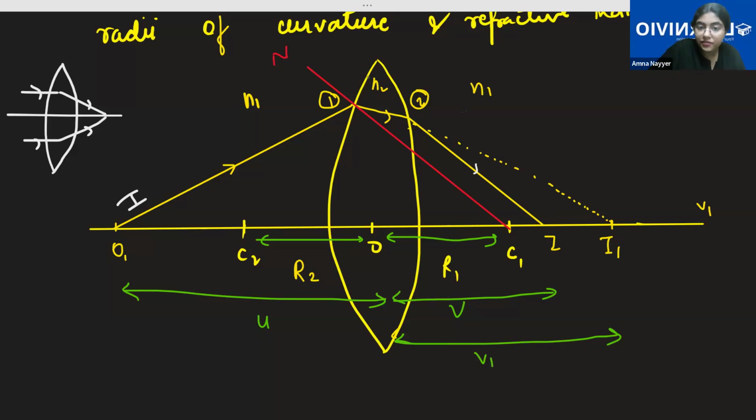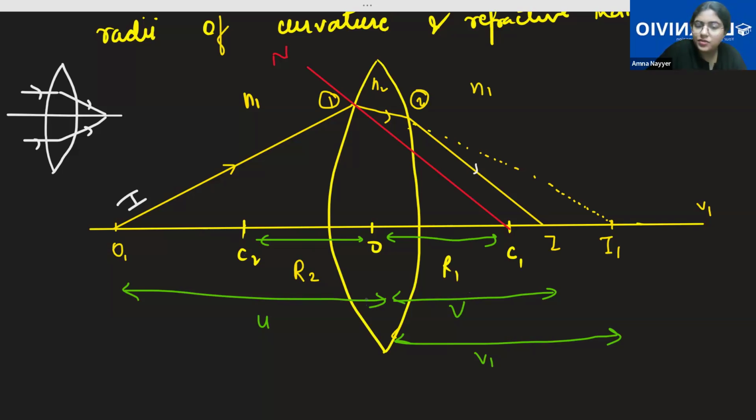Now this first surface will have its center of curvature over here. This will be the radius of curvature. This surface will have its radius of curvature and center of curvature. Fine. u is the object distance, and okay class, everything is measured with respect to the optical center in the case of a lens. The rest of the sign convention is the same, so I'm not doing the sign conventions again.